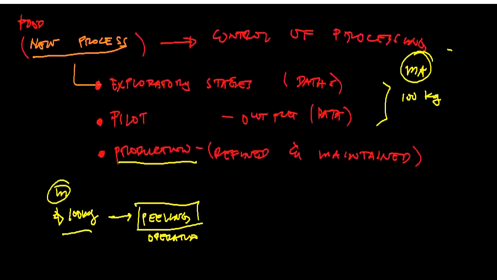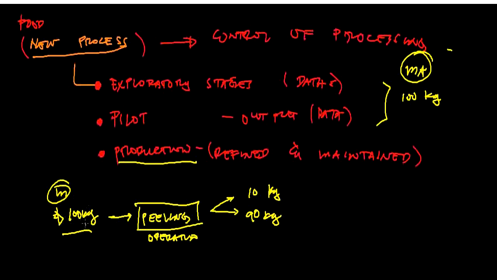So during the exploratory and pilot test run, after peeling, our product now is the peeled mango, which is, say for example, about 90 kilograms, and the other waste material is the peel, for example 10 kilograms, with a total balance of 100 kilograms.